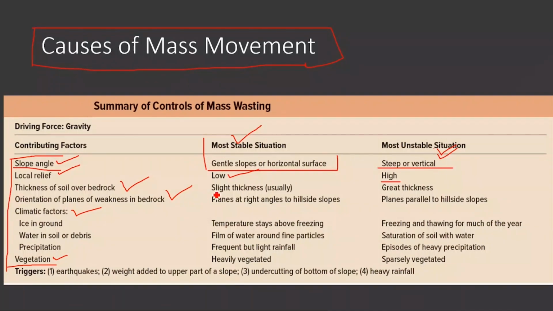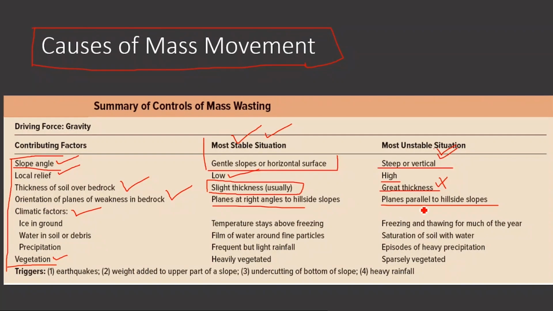Okay, so thickness of the soil. If the thickness of the soil is small, then that is usually the stable condition. But as the thickness increases, that becomes unstable conditions. Okay. So orientation of the planes of weakness of the bedrock. If the planes of weakness are at right angle to the slope, then it is going to be a little bit stable condition.